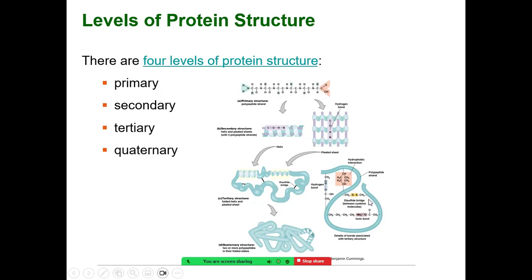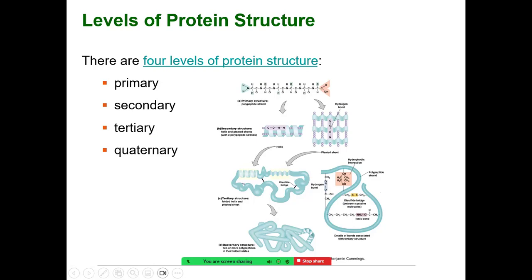An amino acid near the end of the protein can combine with an amino acid near the start of the protein, meaning amino acids all over the protein can interact with amino acids anywhere on the protein. That's what we call the tertiary level of protein structure.